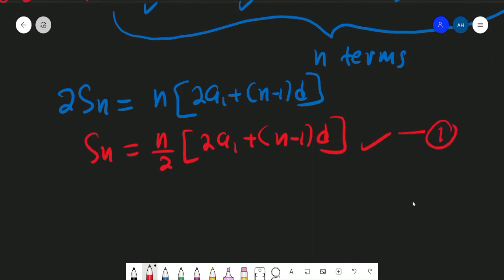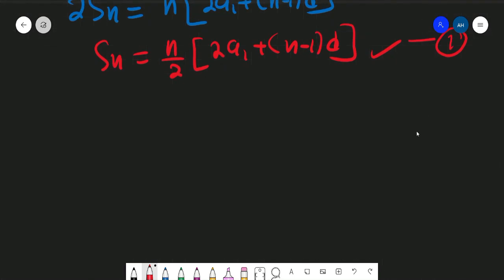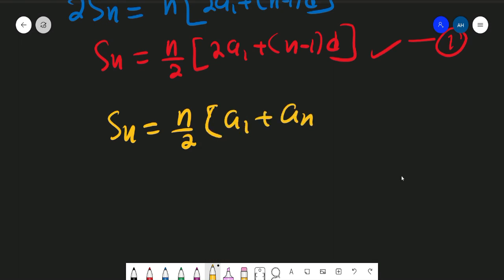Just now I also showed you the second version of this formula, that is Sn equal to n over 2, in bracket a1 plus an. Now, where does this formula come from? Where is the origin of this formula? Let's explain that.